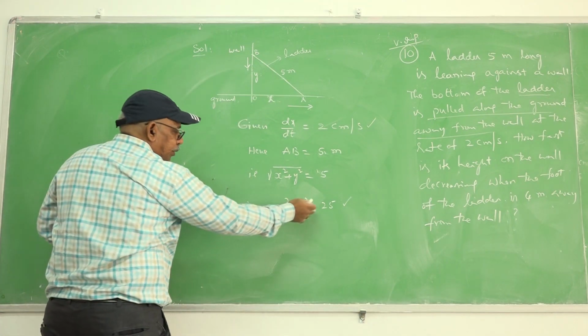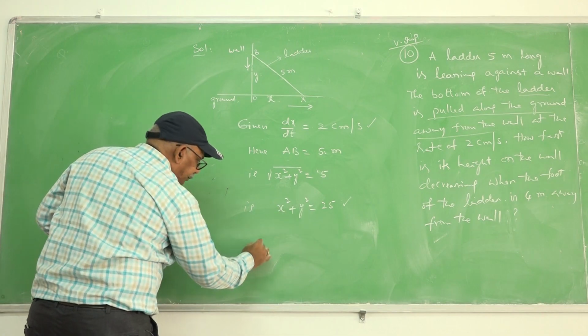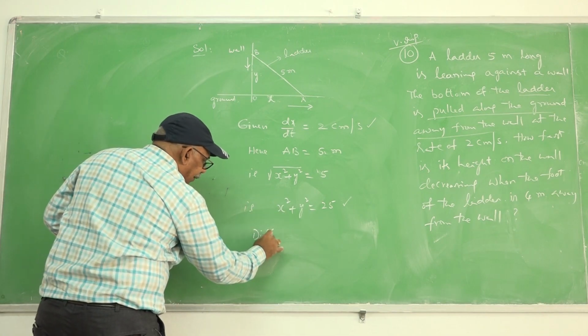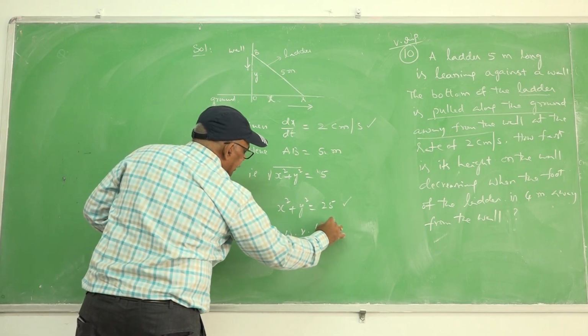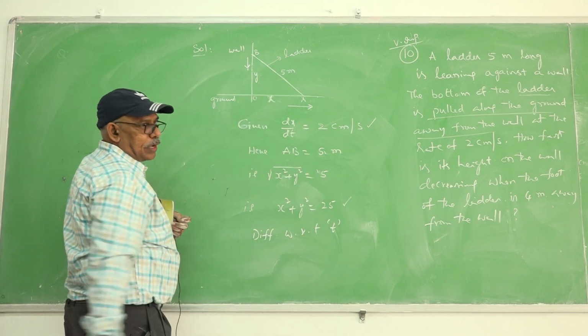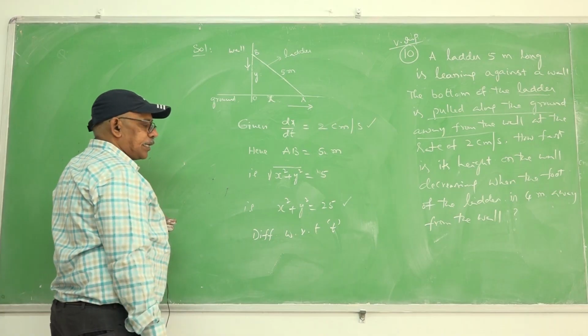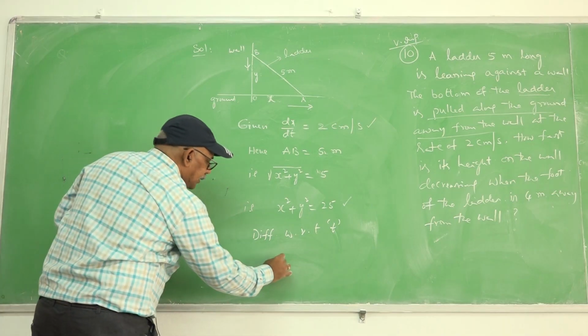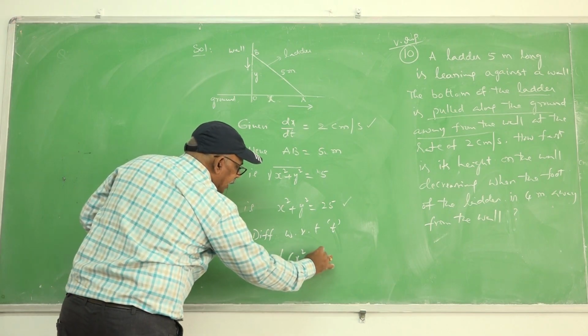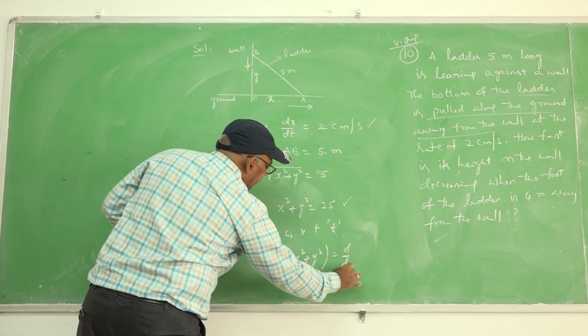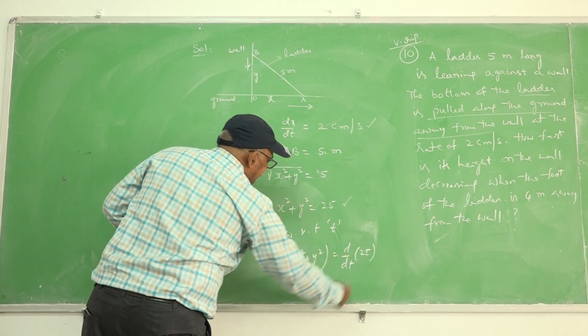So differentiating with respect to t here, as time changes, x changes and y also changes. Differentiating with respect to t on both sides, d by dt of x square plus y square is d by dt of 25.